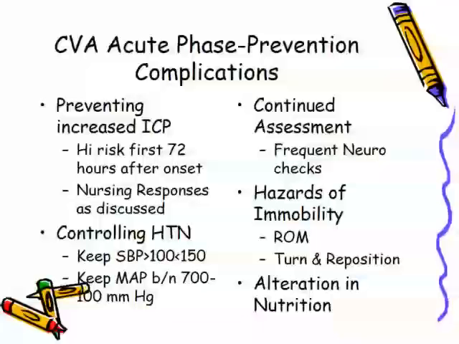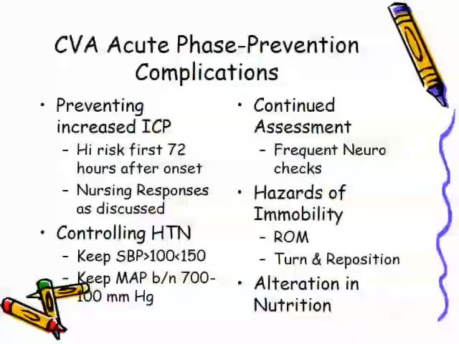Also, another complication we try to prevent is extreme hypertension. The goal is to keep the systolic blood pressure over 100 but under 150, and to keep the mean arterial pressure between 70 and 100. There's a typo in there that should say 70 to 100.